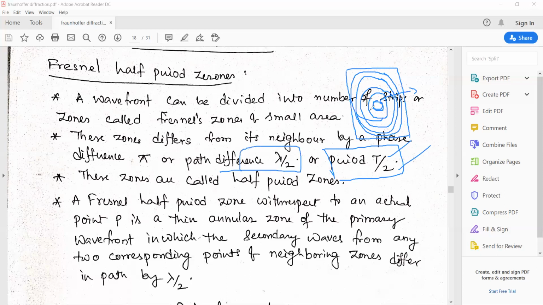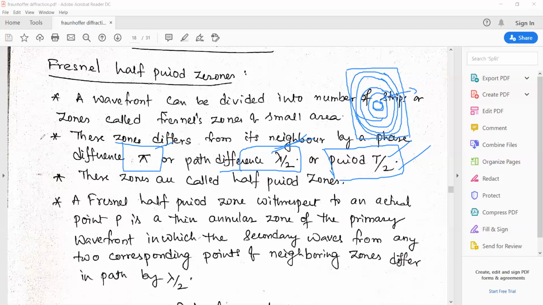So first and second zone, the path difference is lambda by 2. Similarly, second and third zone, path difference is lambda by 2. Every zone differs from its neighbor zone by a path difference lambda by 2, and the phase difference will be pi.